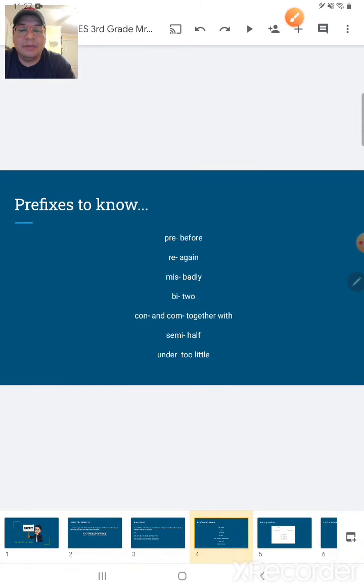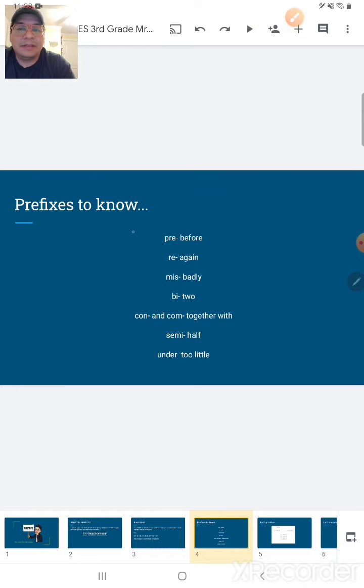Here in this slide, I'm giving you some prefixes that are going to benefit you and help you understand some of the work that I'm giving you after this video. These are very common prefixes that we may see throughout the time that we're in 3rd and 4th grade in elementary, and as we grow up, right?